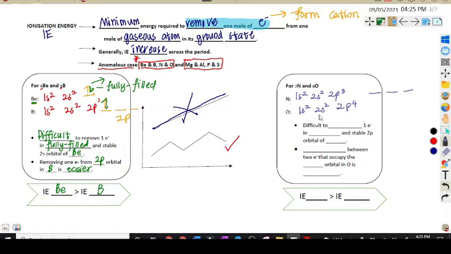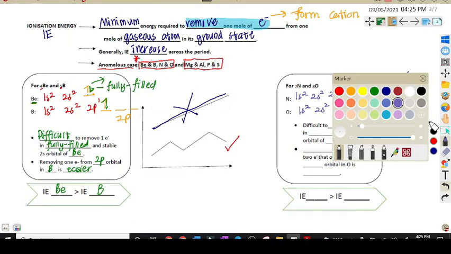The 2s2 is just the same for both nitrogen and oxygen, right? So we're going to draw the 2p3 for nitrogen. Remember class, for Hund's rule, fill in electrons singly first. But for oxygen, we've got 2p4, so 1, 2, 3, 4.